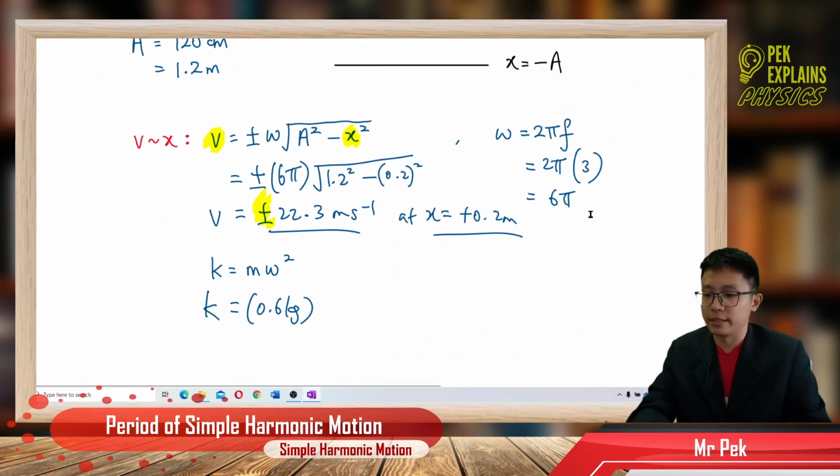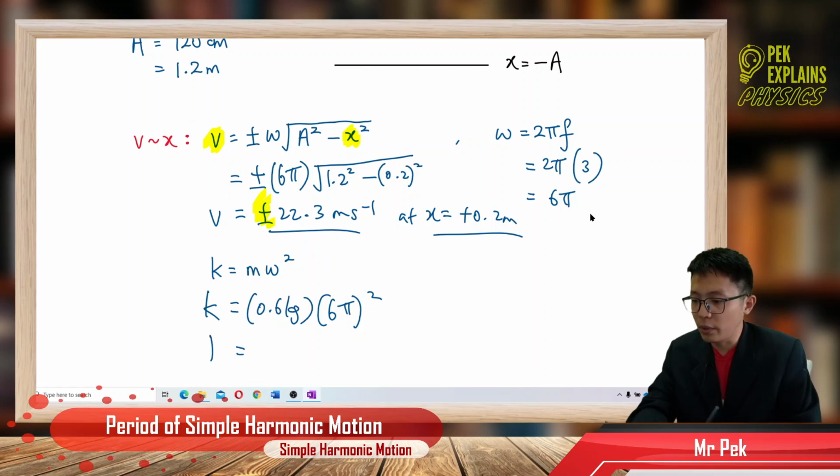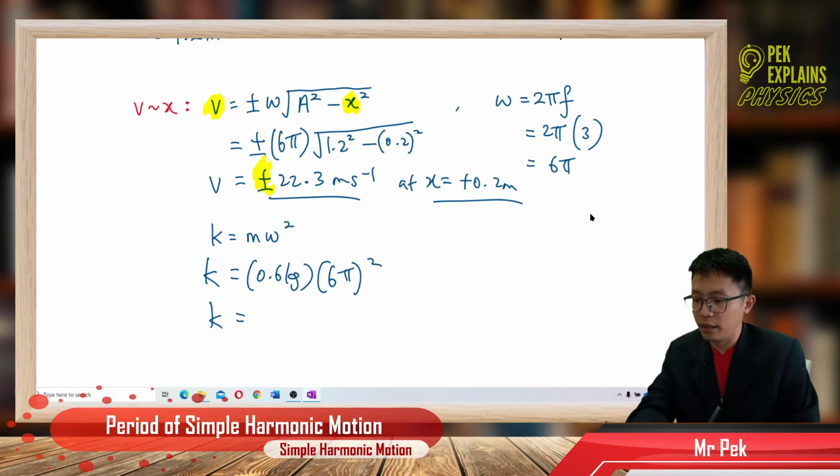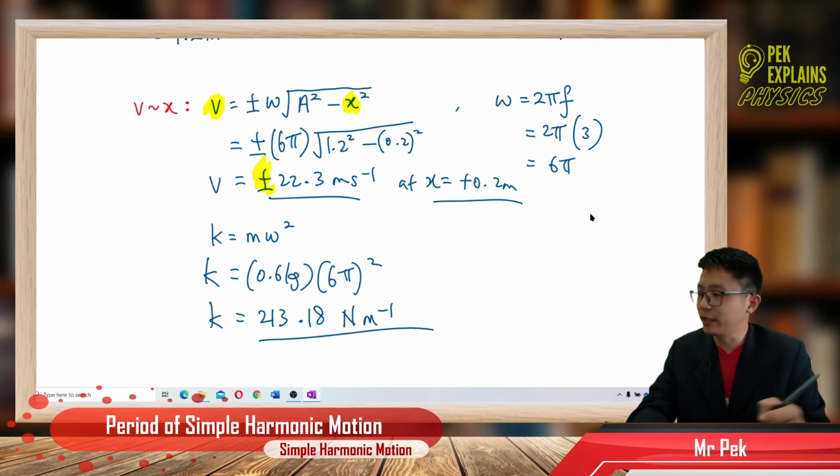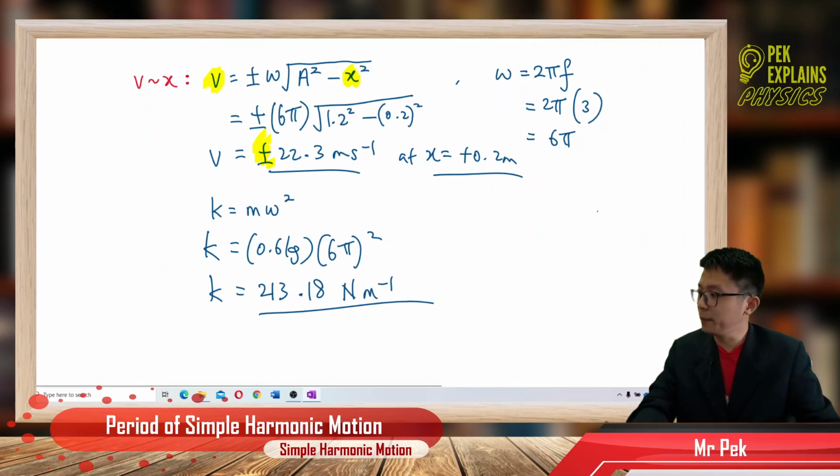The omega is 6 pi. So our k is equal to 213.18 Newton per meter. That's our spring constant.